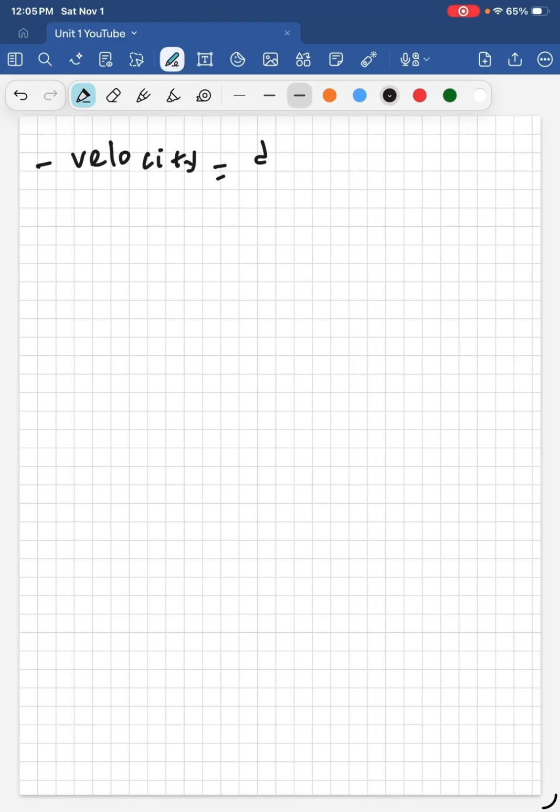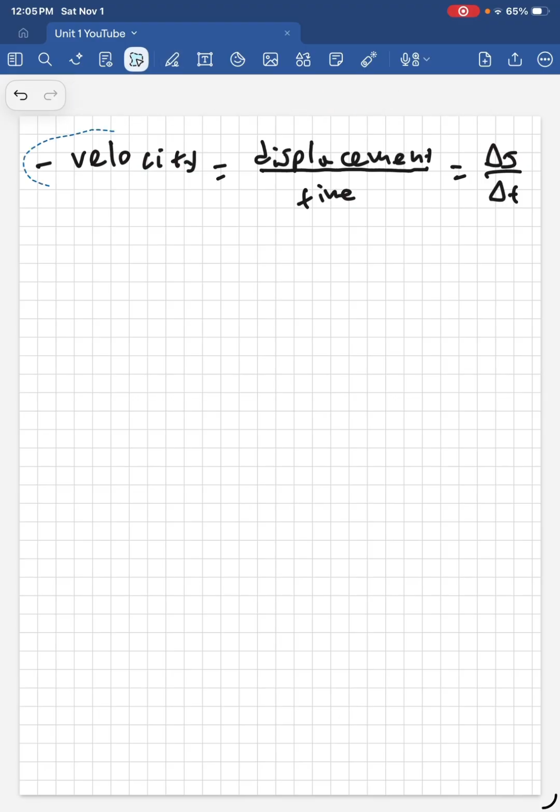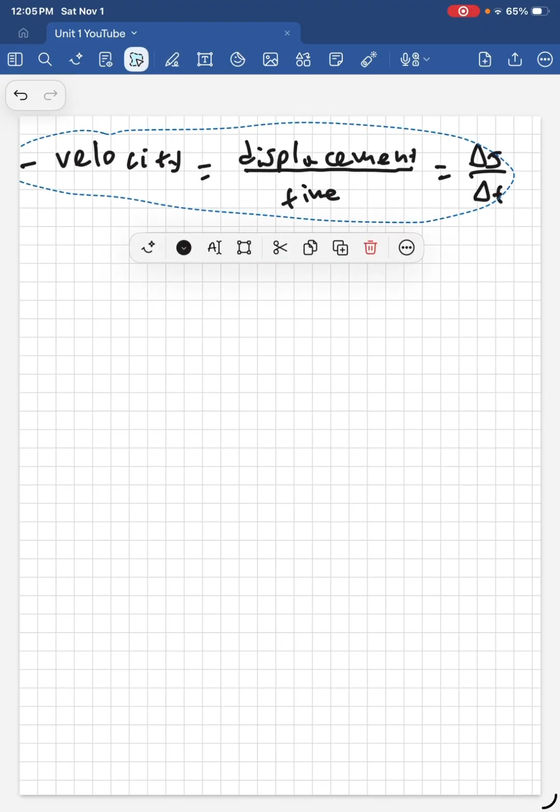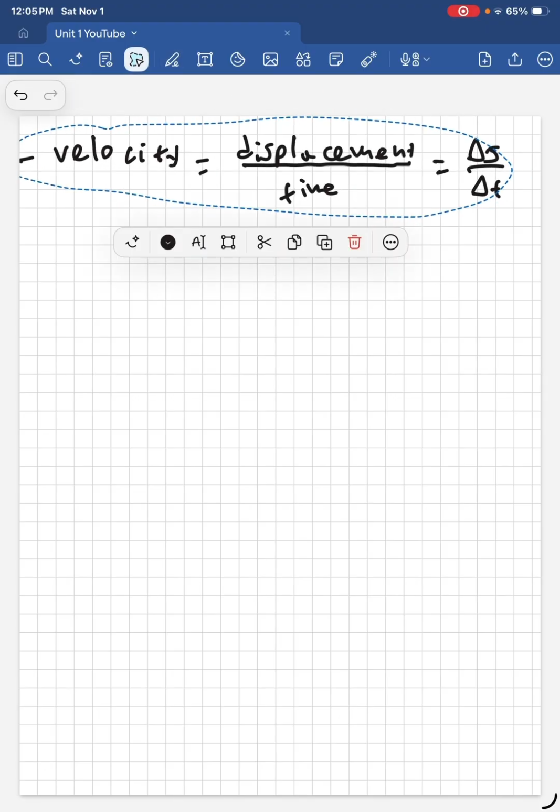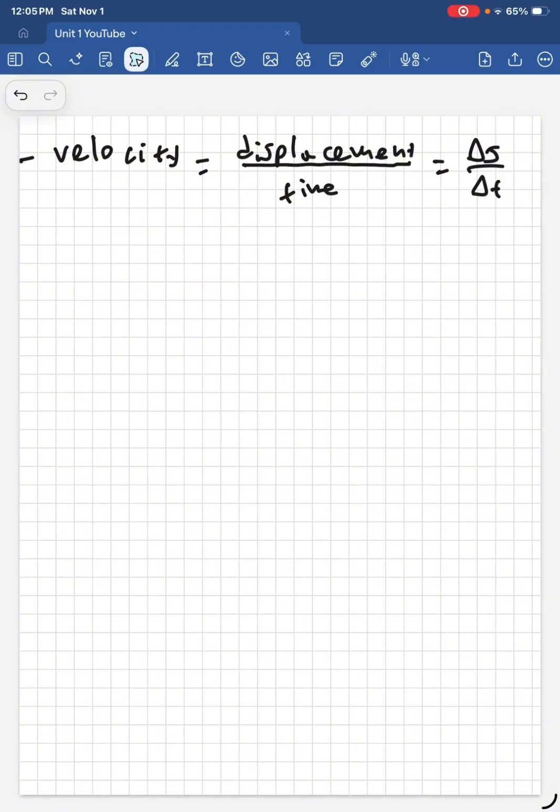Next, velocity. Velocity is given by displacement over time, also expressed as delta S over delta T. Let me squeeze this to the left, so I can write over here that this is measured also in meters per second.